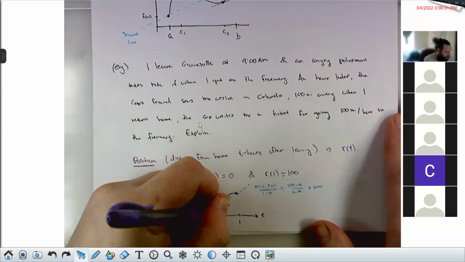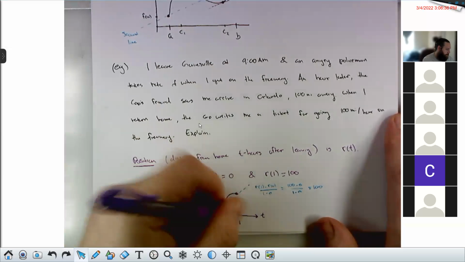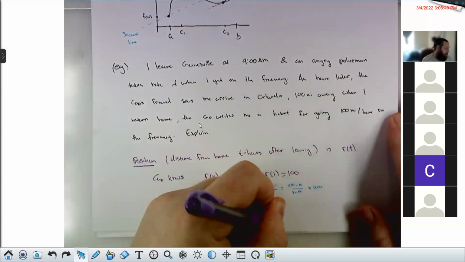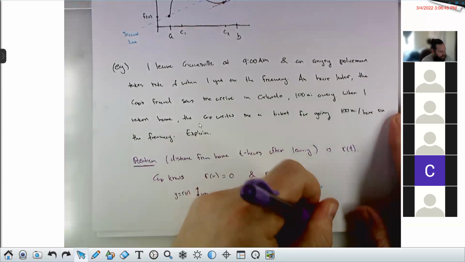So this point right here would be the time when I was going 100 miles per hour.